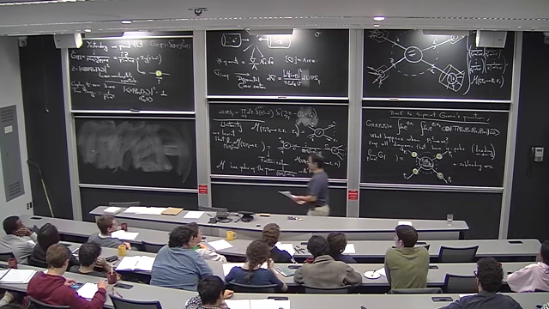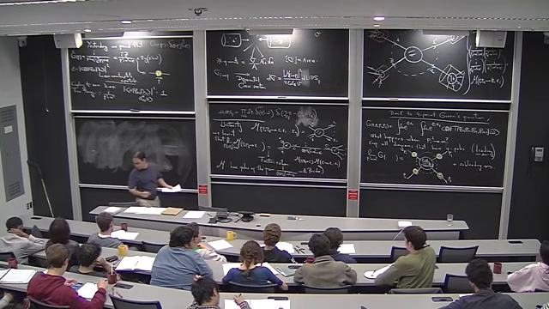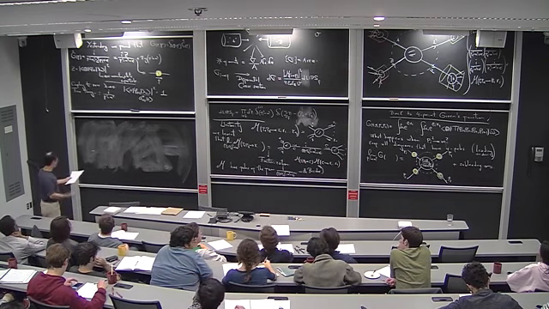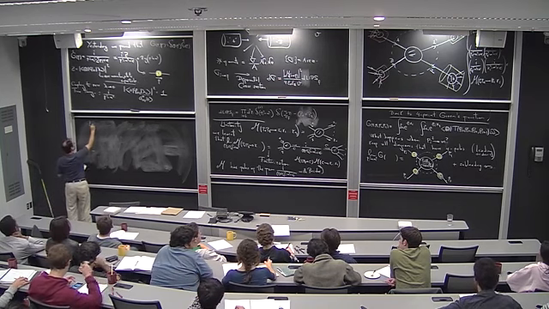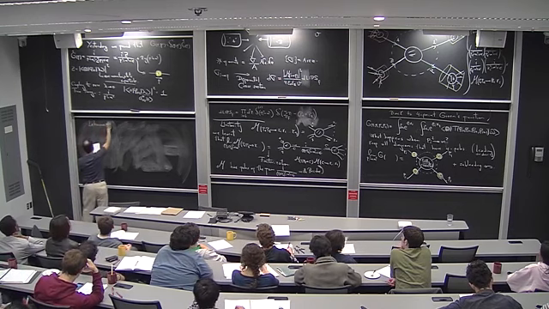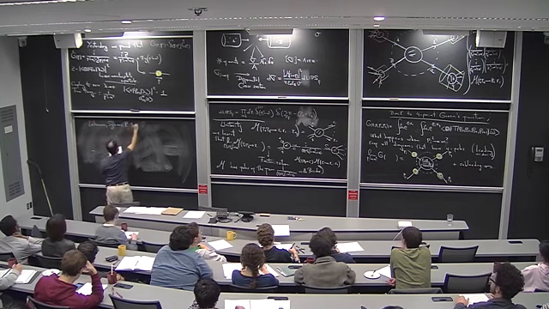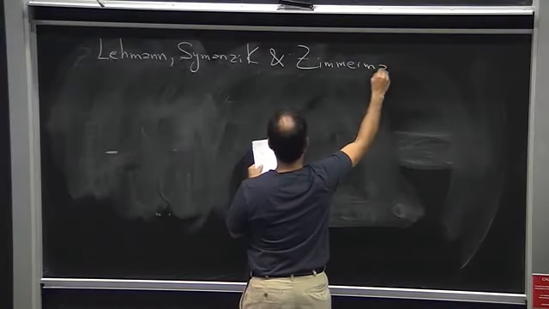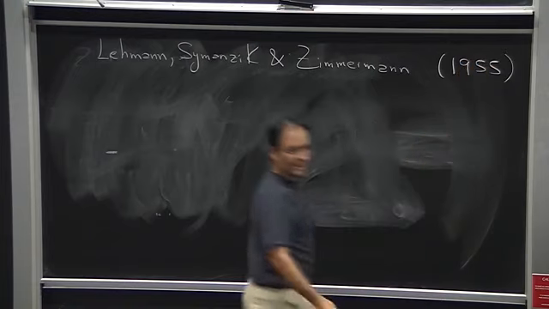Okay, so we have 2 choices. Either we can actually sit down and give a formal proof of this statement, or we can say that Lehmann, Symanzik and Zimmermann in 1955 actually did it for us.